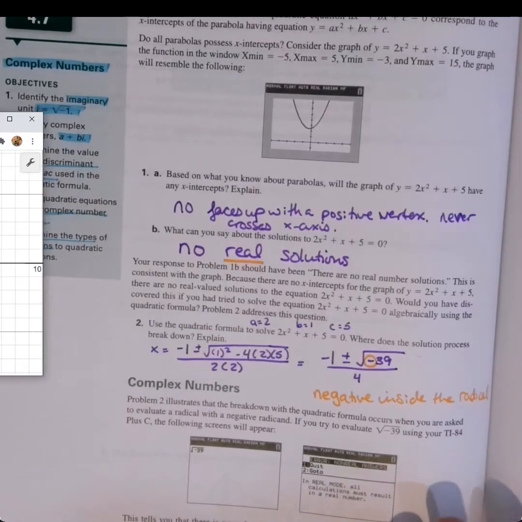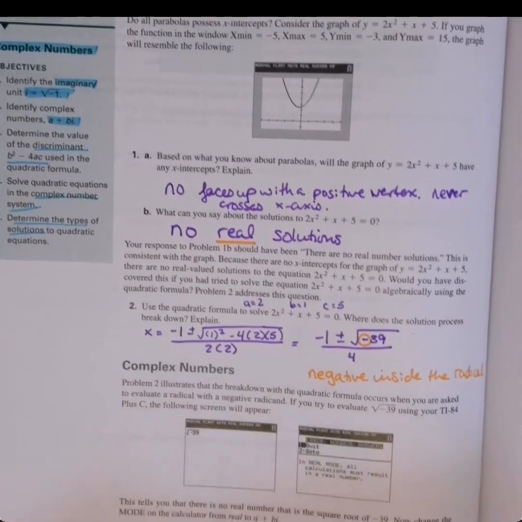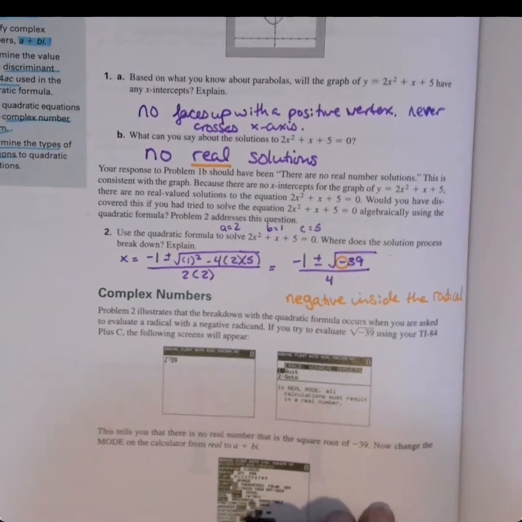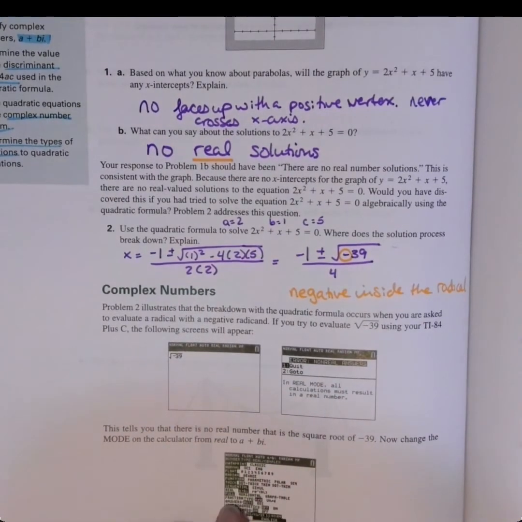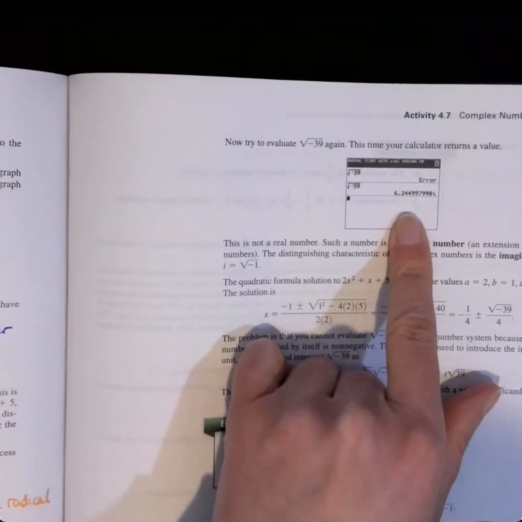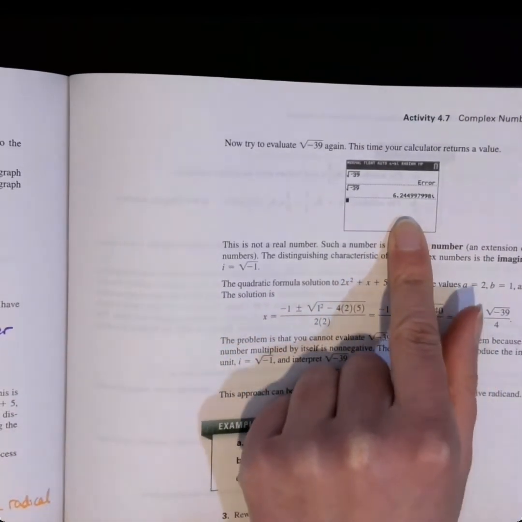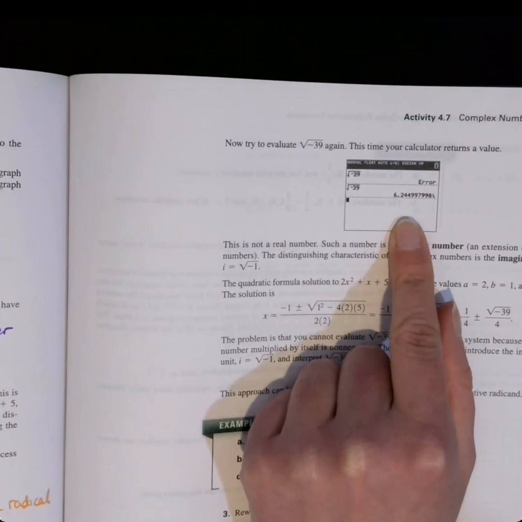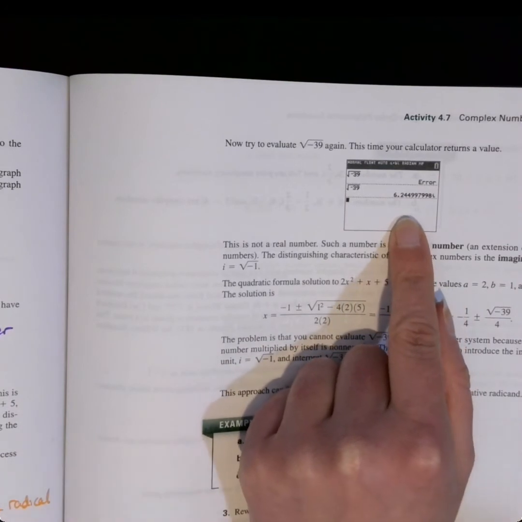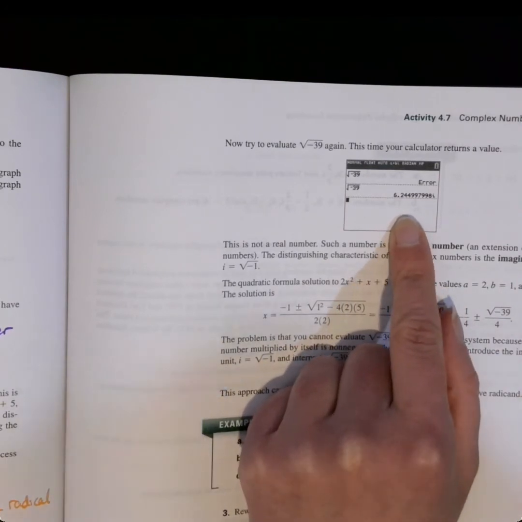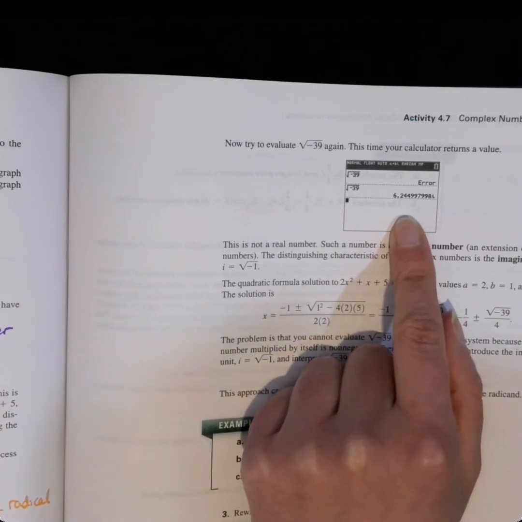This is the one and only place that calculators can do things a little bit differently. Calculators have a complex mode where you can switch things in and get them to come out with the i value. It's not super useful because we don't really want to know the decimal version of this most often. A graphing device does not have an imaginary mode, because you can't graph things that are imaginary.